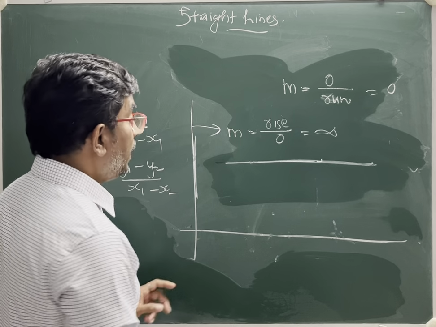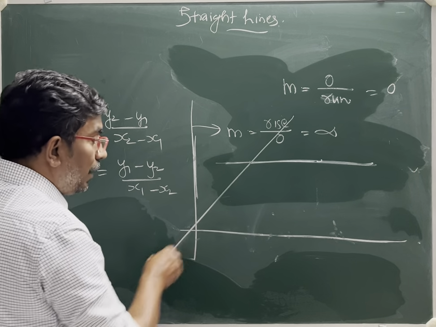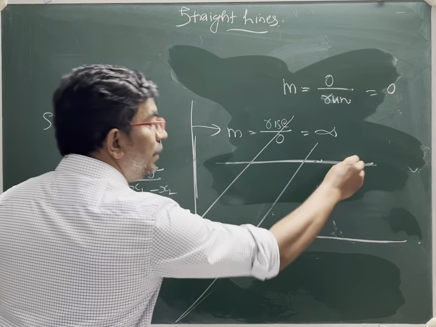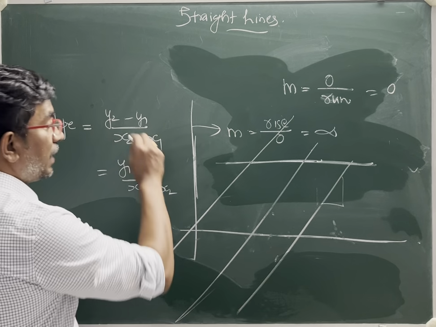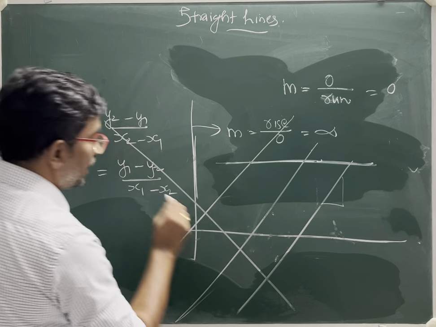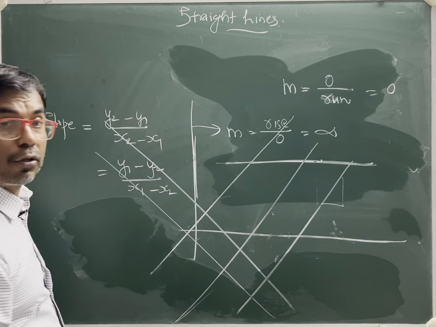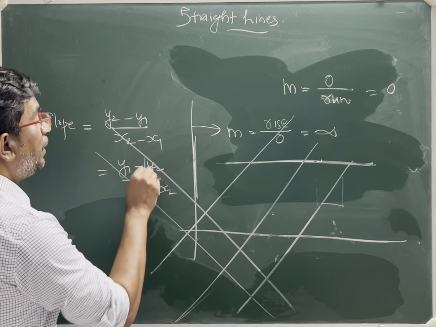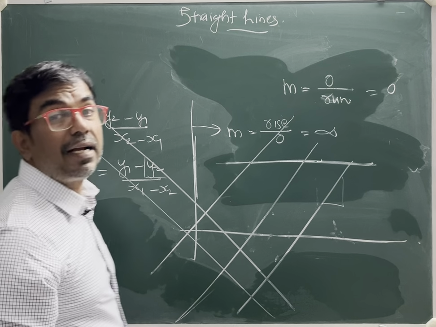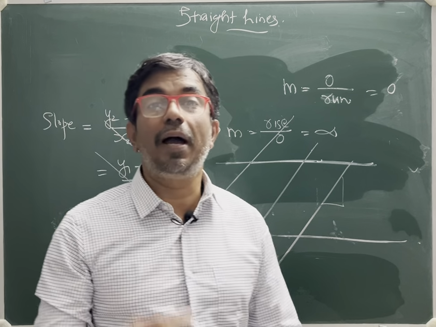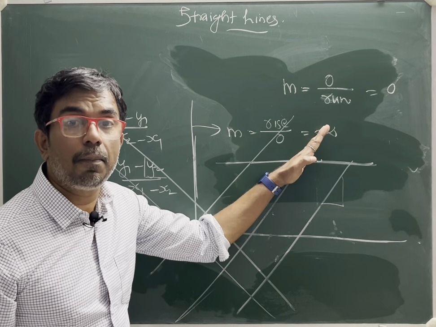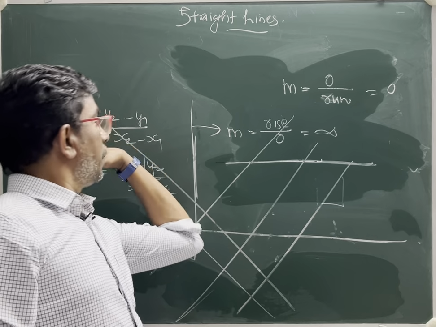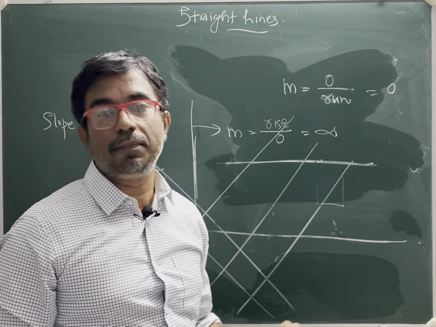A line that rises from left to right, if you calculate, will have a positive slope. Whereas any line which passes through the second quadrant and fourth quadrant, if you calculate, you will get a negative slope. So you will have 0 slope, positive slope, undefined slope, and negative slope.